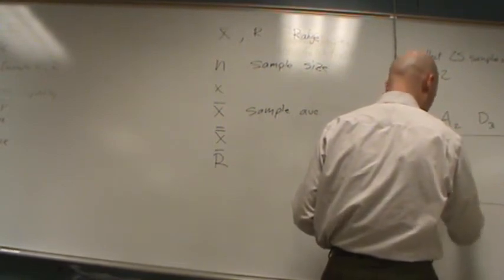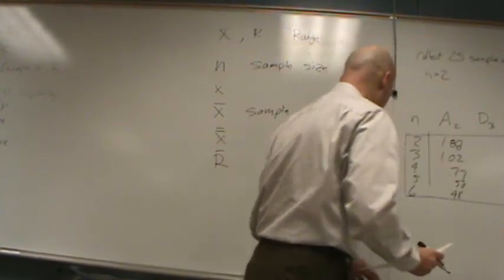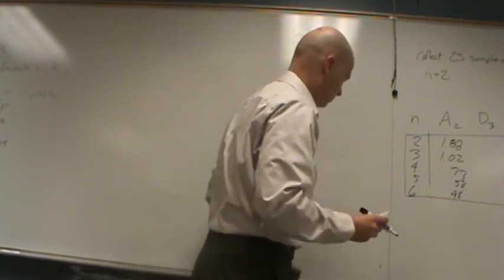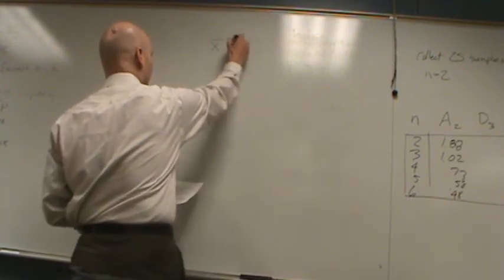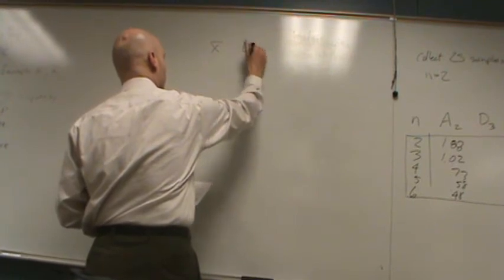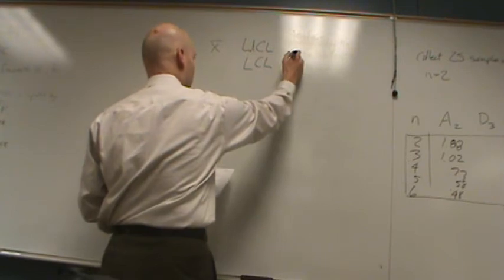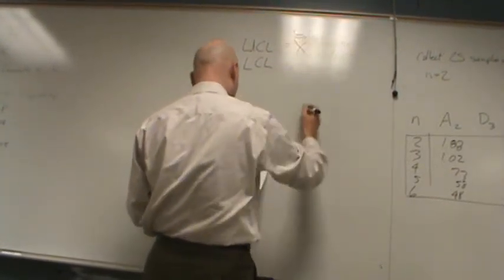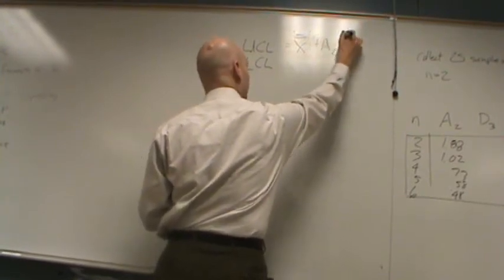I'm not expecting you to write all these down, I'm just going to show where these plug in. So the classic definition of an X-bar chart: your upper control limit is equal to the grand average plus this A2 times your range.